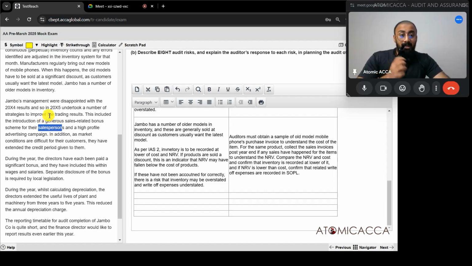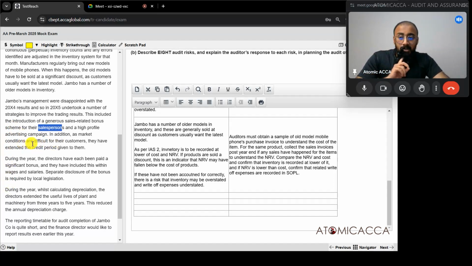So there will be motivation to manipulate the sales figures or take not so ethical, not so right strategies in order to boost the sales figure so that the bonus will be captured. So there are chances that short term manipulations could happen, or some accounting manipulations could be there. All this is an indicator that things within the financial statement could be wrong, especially that sales figure. Revenue could have something going wrong over there.